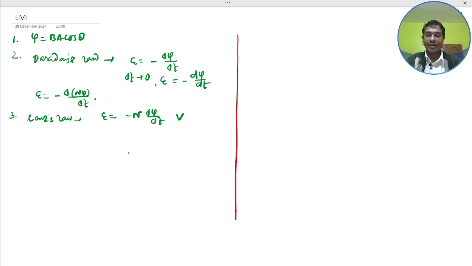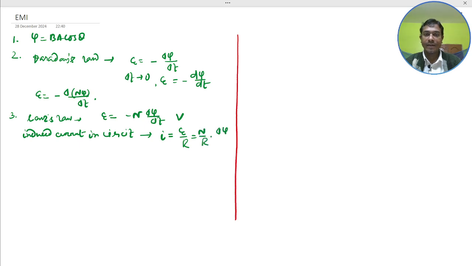And the induced current in the circuit, this is important: I is equal to epsilon by R, which is equal to n by R del phi by del t, in ampere.